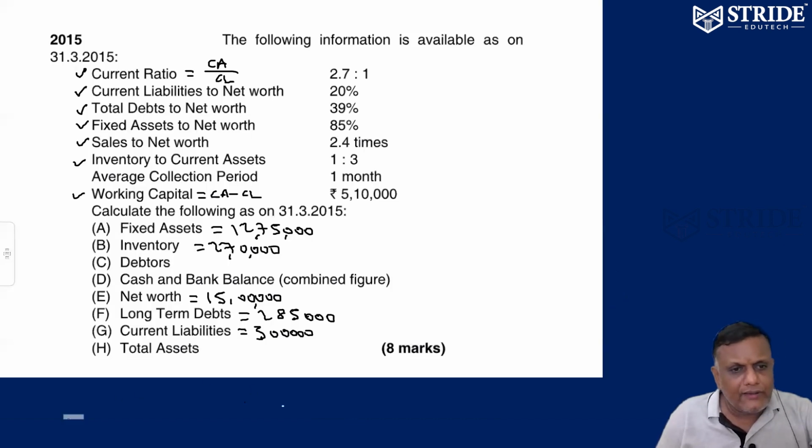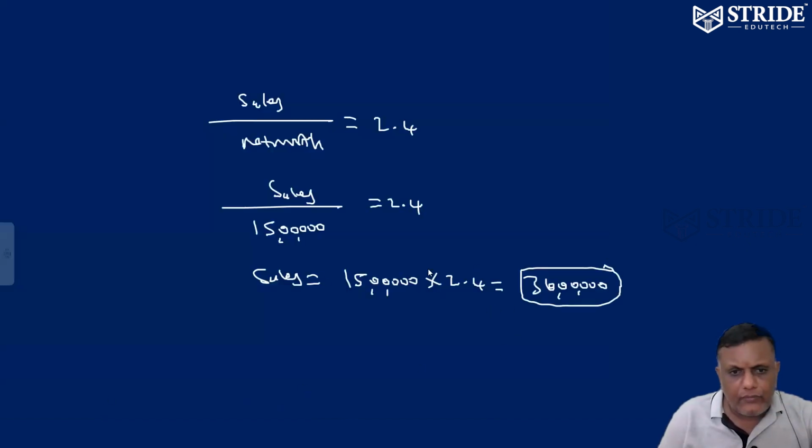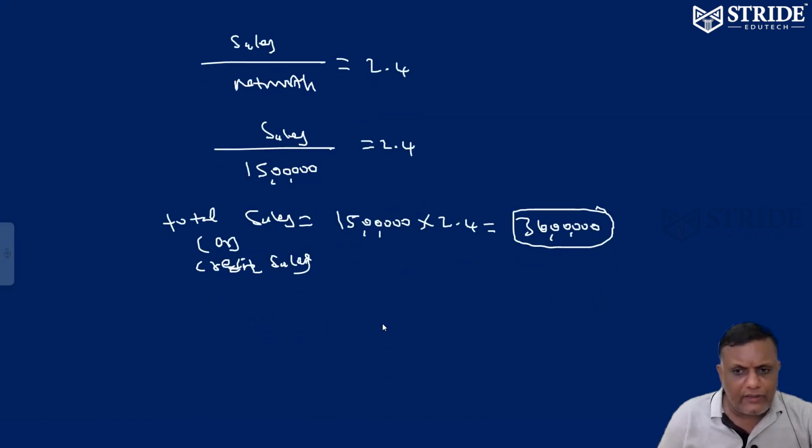Is it cash sales or credit sales? Nothing is given. Is there any cash sales differentiation? No. So you can assume this is equal to either total sales or credit sales. 36 lakhs.